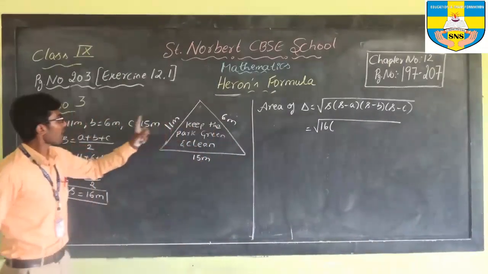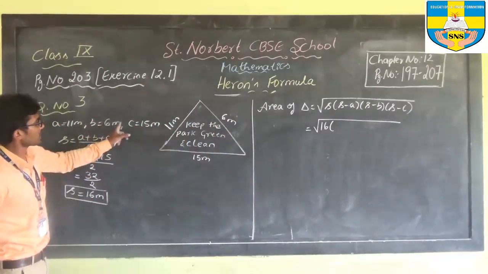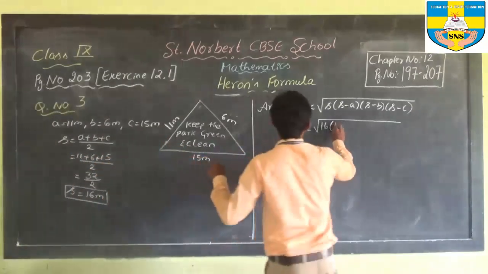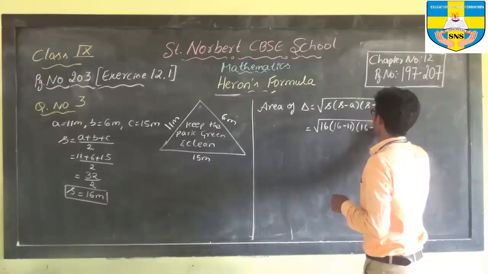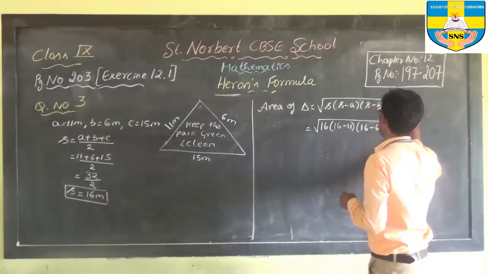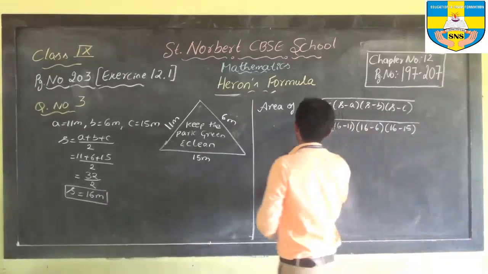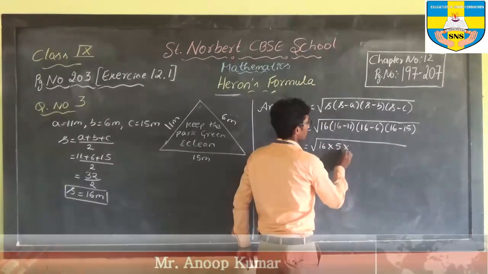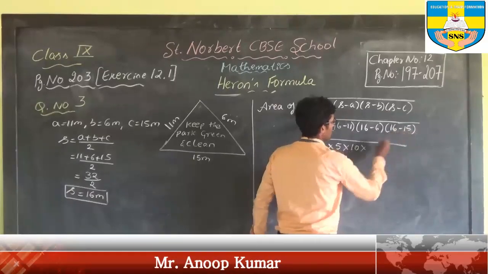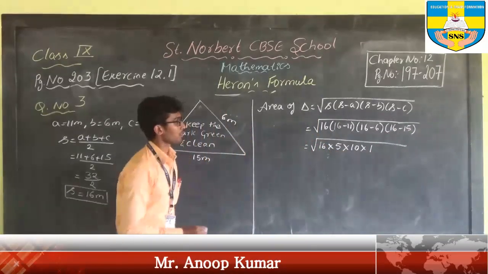Okay. And what is the value of A? 11, B 6, C is 15. We can write 16 minus 11, 16 minus 6, 16 minus 15. Then 16 into 5 into 10, 16 minus 15 is nothing but 1.